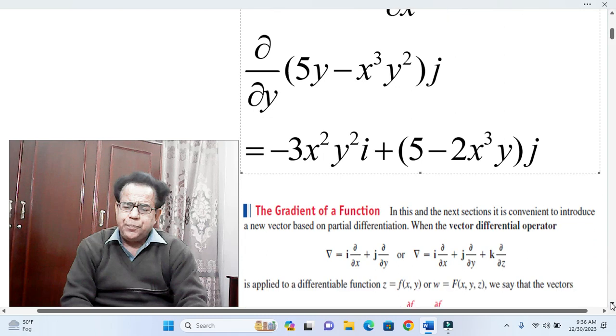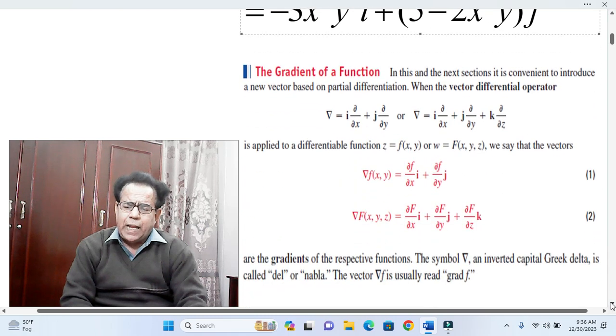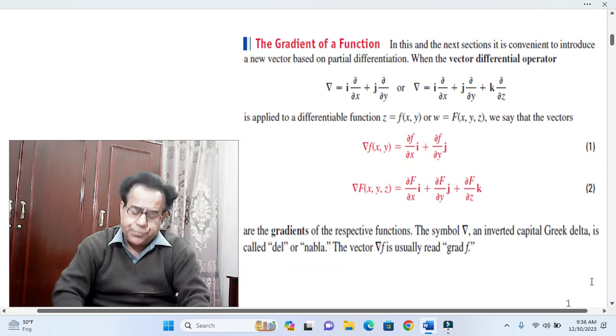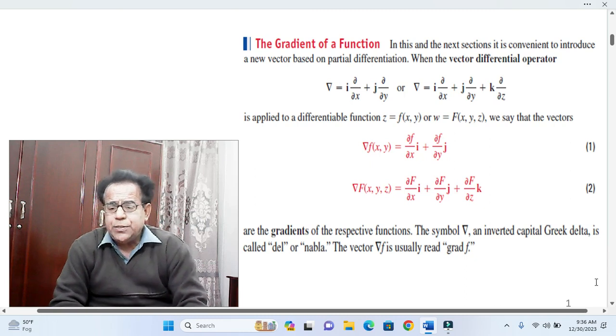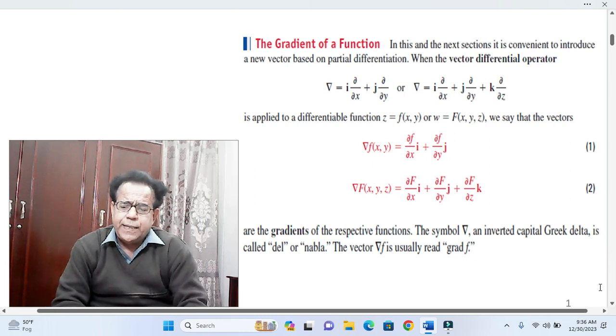Now we are going to a snapshot in which some introduction or some detail about the gradient of a function is given. It will help us in understanding this problem more properly. The gradient of a function.